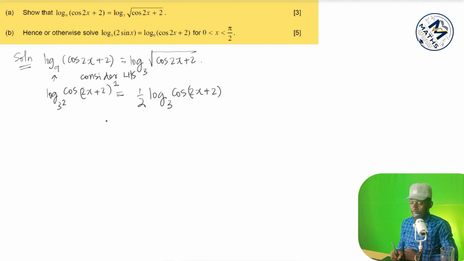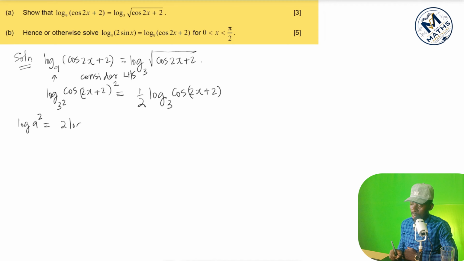Here we need to be very careful. Why? Because we know for sure that if we have log of a to the power of 2, this equals 2 log a. This we don't have a problem with, and if there is no base, we know the base is 10.